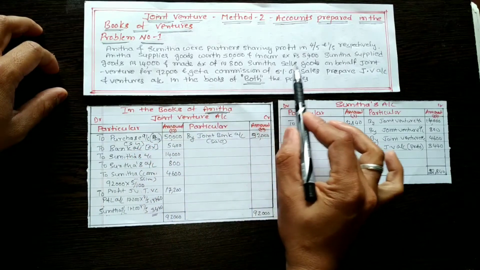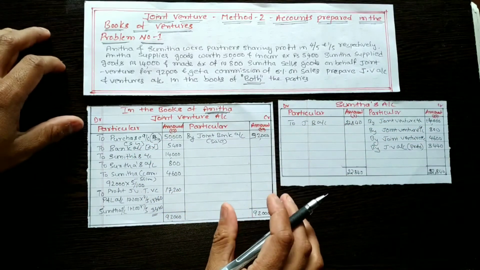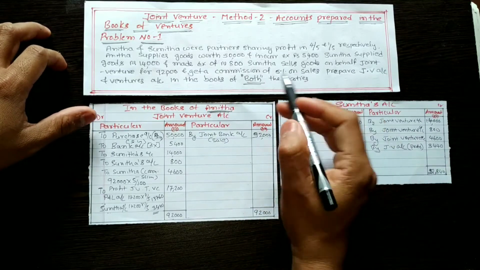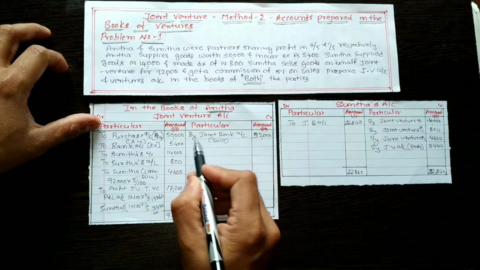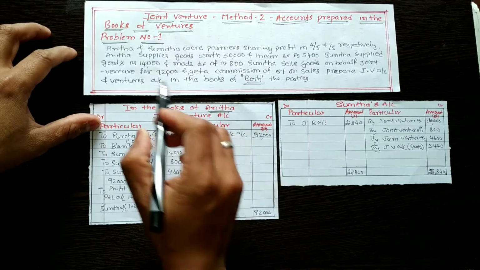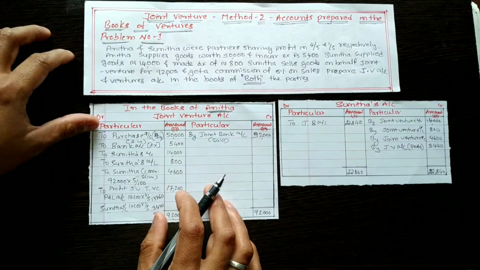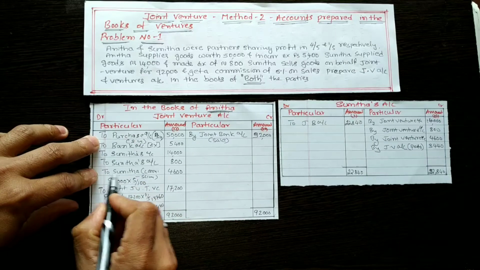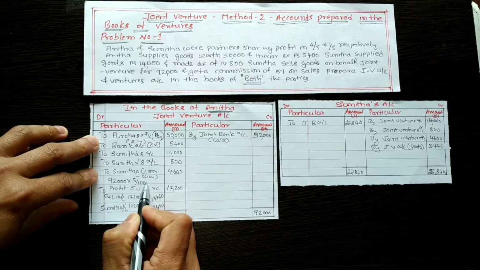Sunita sells the goods in the books of Anita, so she must get a commission, right? Sunita sells goods on behalf of the joint venture, by joint bank account 92,000. Then she gets a commission of 5%, so we write to Sunita's account commission 92,000 into 5%.